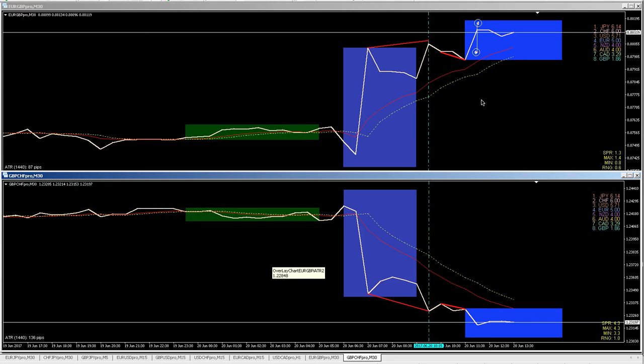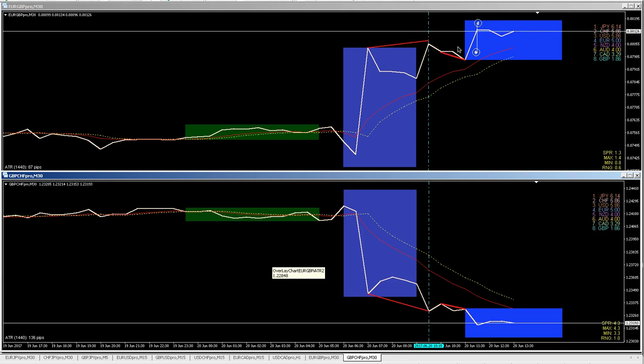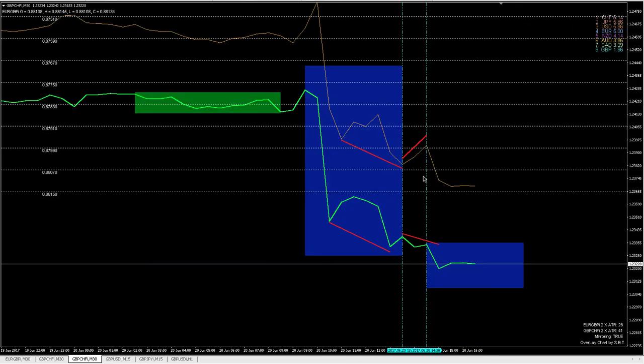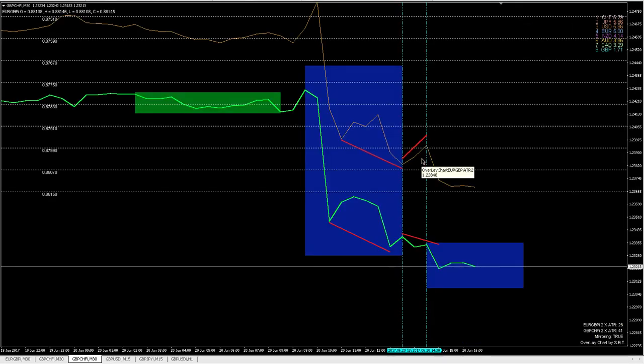So I've decided that this is what I want to take, was the euro pound, and I wanted to take that because, one more time back here, the euro pound was making a higher high, while this was making a lower high.